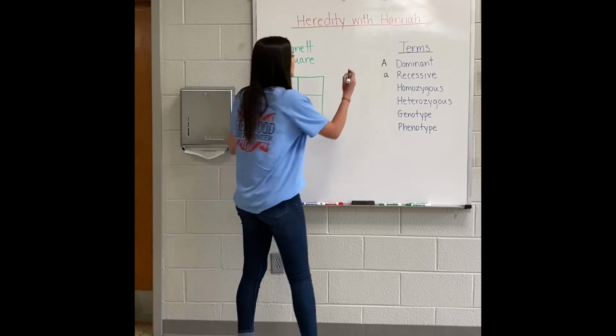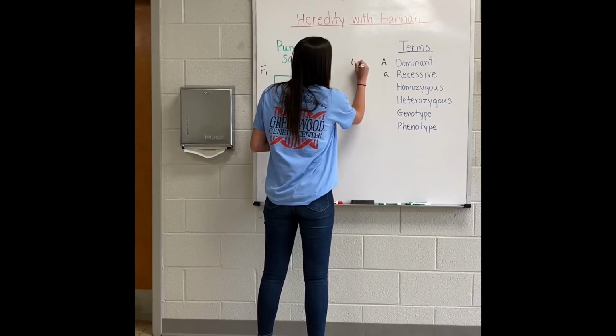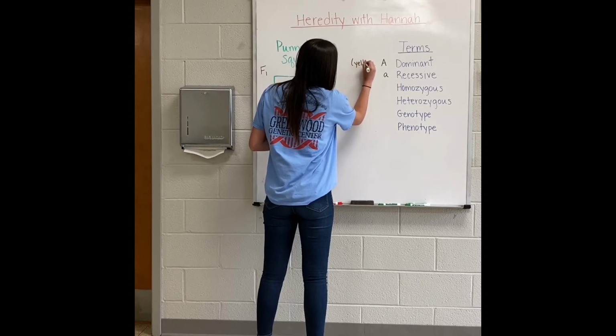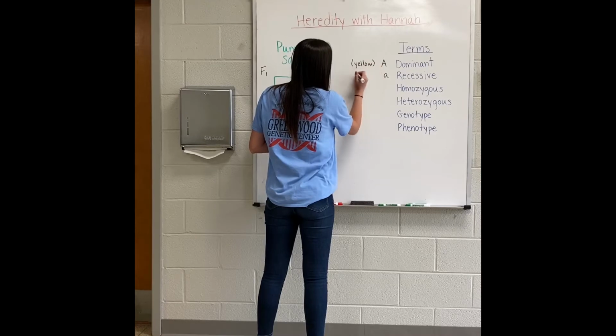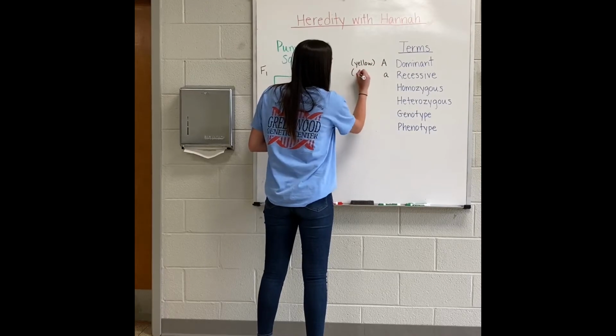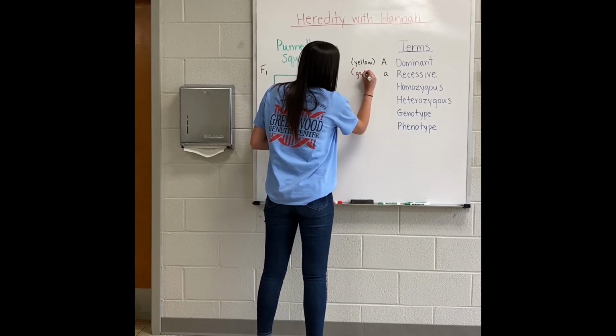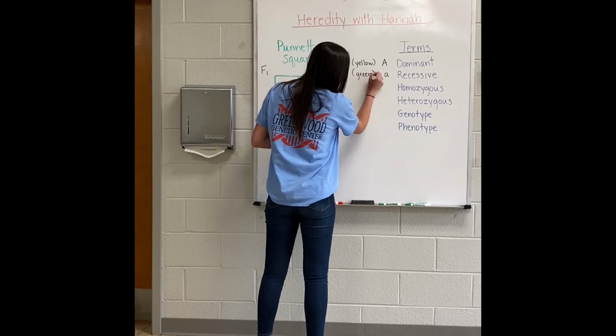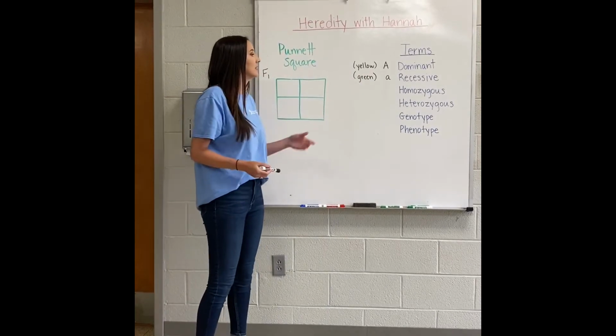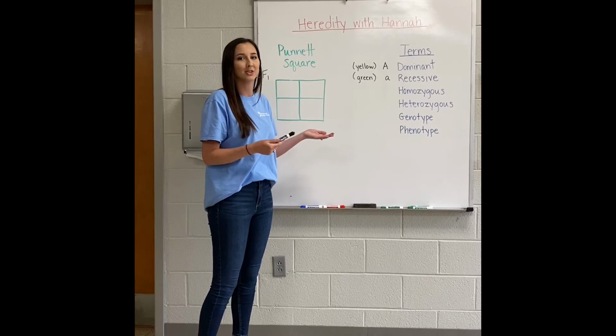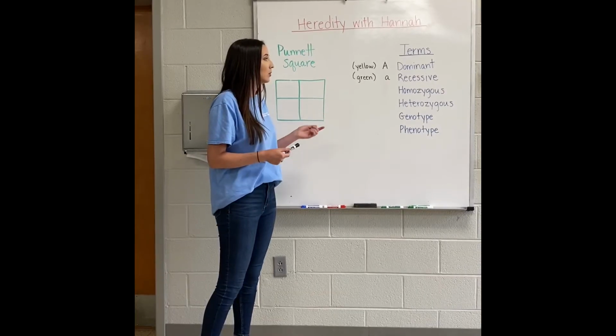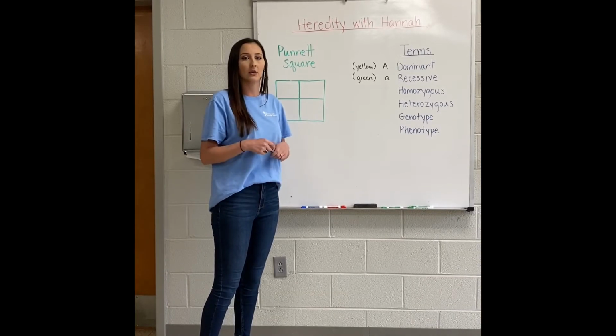So he crossed a yellow purebred pea plant with a purebred green pea plant. So green was the recessive trait for these pea plants, and yellow was the dominant trait.